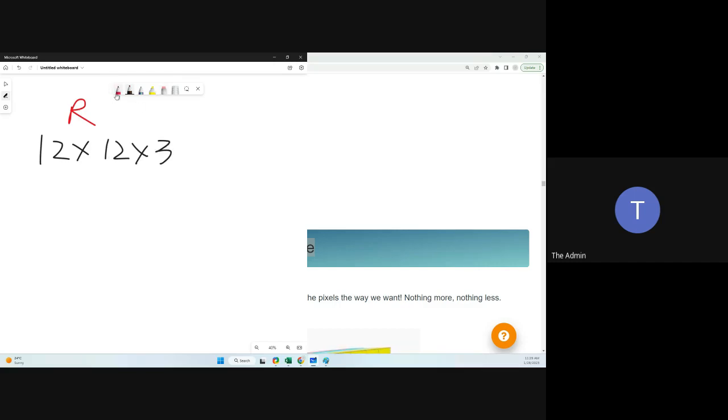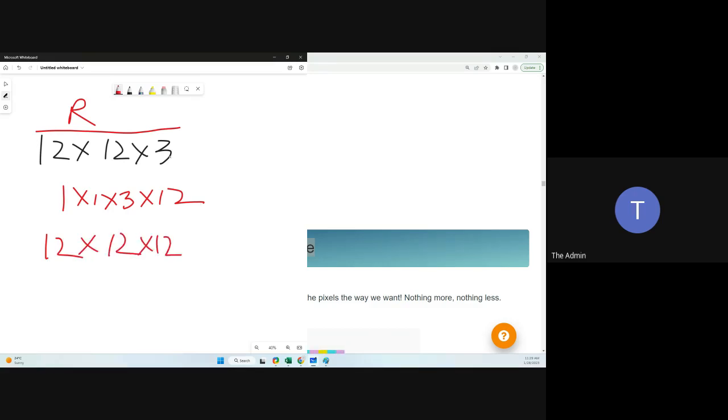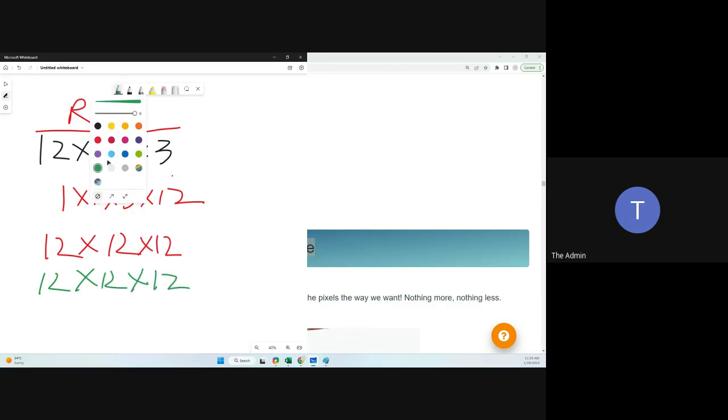We are only solving the red channel problem right now. I'm going to use a 1 cross 1 cross 3 cross 12. What will I get? You get 12 channels. I'll get 12 cross 12 cross 12. Are we clear? Yeah. Similarly, I will get a 12 cross 12 cross 12 from the green channel process, and the same I'm going to get for the blue channel also, 12 cross 12 cross 12.